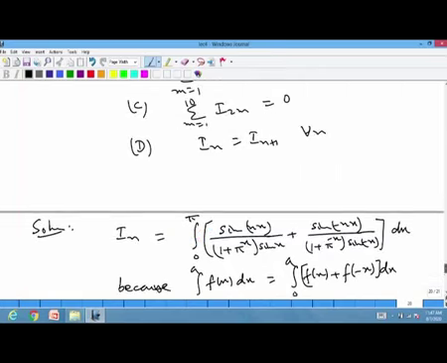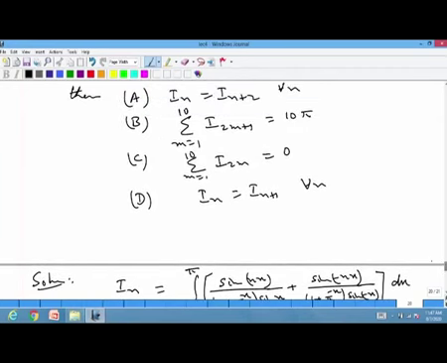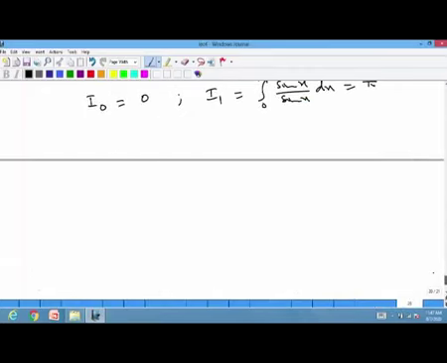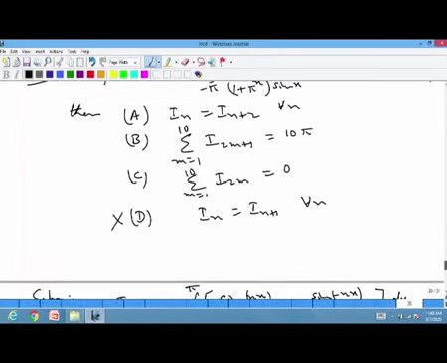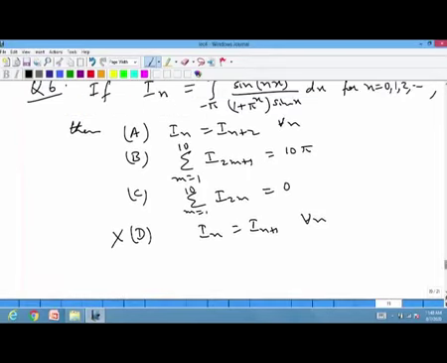So, clearly this shows that I n is not equal to I n plus 1 for n equal to 0. So, option D is wrong. I 0 is not equal to I 1 implies D is wrong. Now, let us compare I n plus 2 with I n.